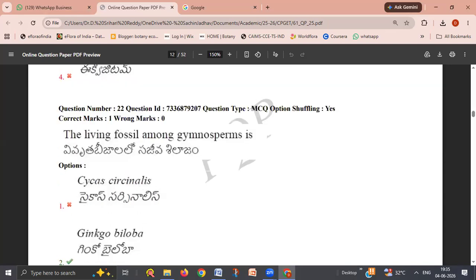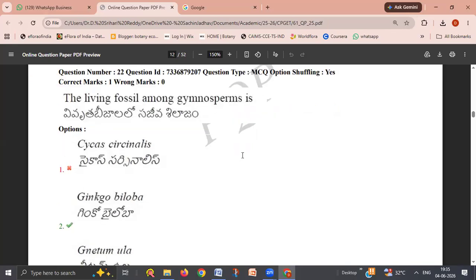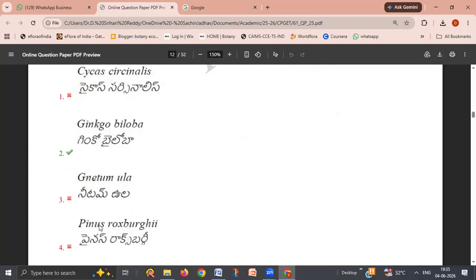Next, among the gymnosperms, there is a living fossil that is most important. You might have known it. That is Ginkgo biloba. Cycas revoluta, Gnetum ula, Pinus roxburghii, all these are living only. Cycas and Ginkgo biloba are the most important.